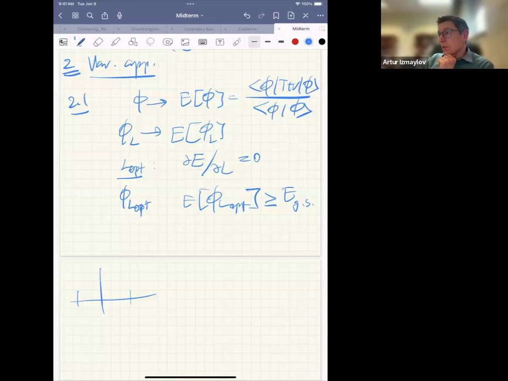And then let us find the average kinetic energy.